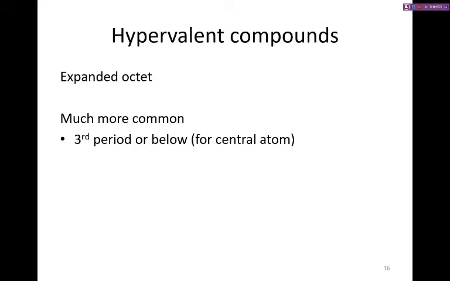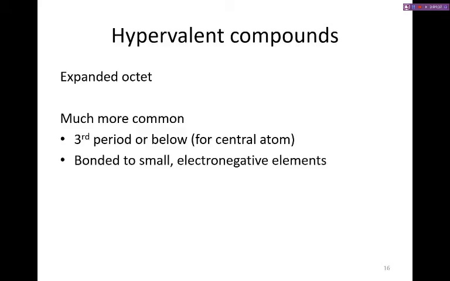The reason for this is that elements in the third period or below are much larger than the second or first period, and therefore they can form more than 4 bonds. But in order for this to happen, the elements that they are bound to must be small and electronegative.